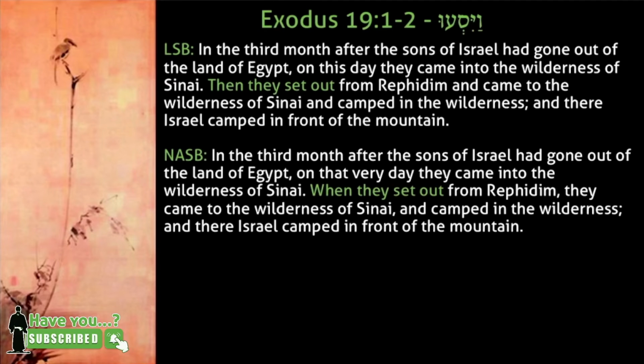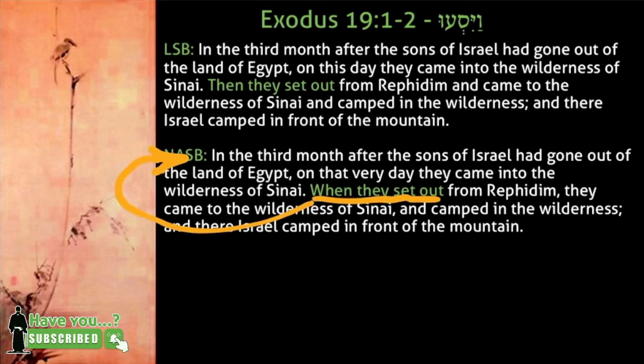So in the New American Standard, this setting out is describing again this initial action. In the 3rd month, after they had gone out of the land of Egypt, they came to the wilderness of Sinai. And then it's recapitulating. It's telling another shade of what happened. When they set out from Rephidim, so it's giving you where they came to Sinai from. They came to the wilderness of Sinai.